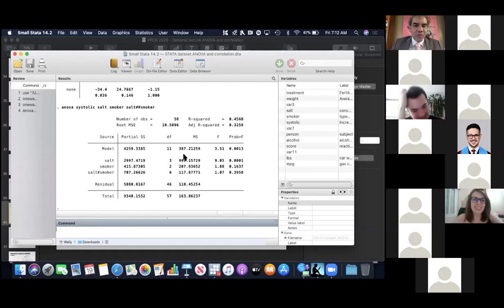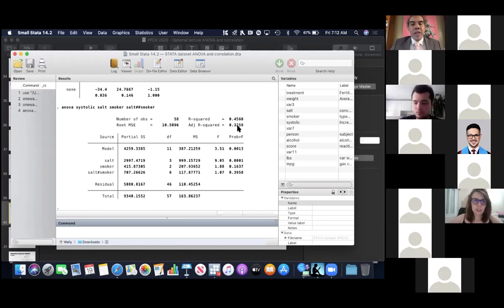Here is my STATA output. What did my STATA output say? First of all, if I look at my adjusted R squared, it is 0.32. What does my adjusted R squared mean? You'll learn this in regression because you use the same R squared.